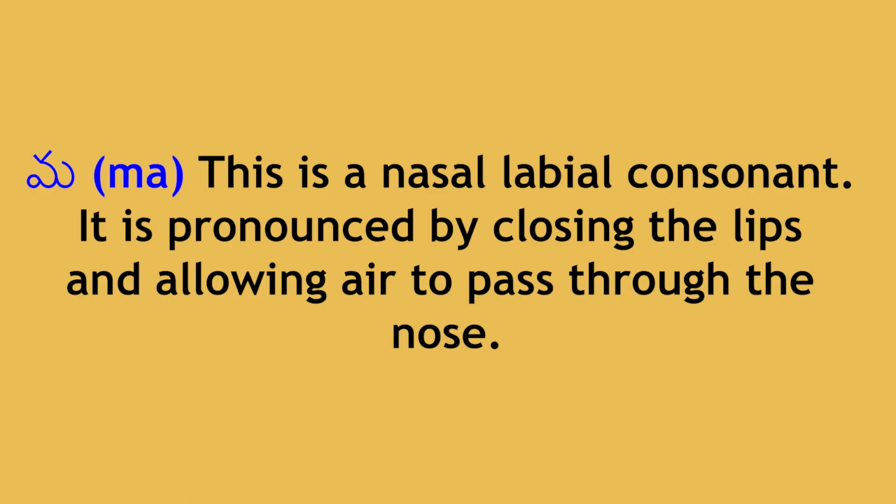It is pronounced by closing the lips and allowing air to pass through the nose. Together, these letters represent a combination of vowel sounds A, I, and consonant sounds Va and Ma, helping learners understand both vowel length and basic consonant articulation in Telugu language.